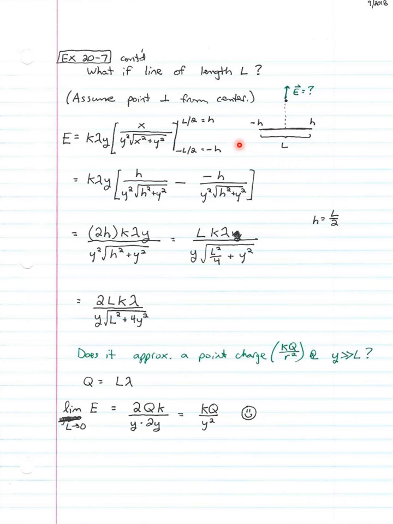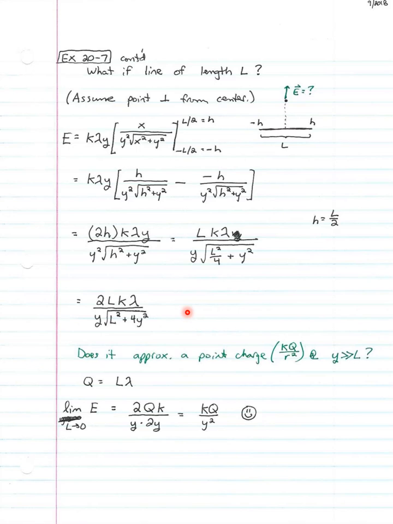I've done the same integral, and as you follow through the work that I've done, plugging in for the limits of integration, negative L over 2 plus h, negative L over 2 minus h, eventually we get 2Lk lambda over y squared of L squared plus 4y squared.